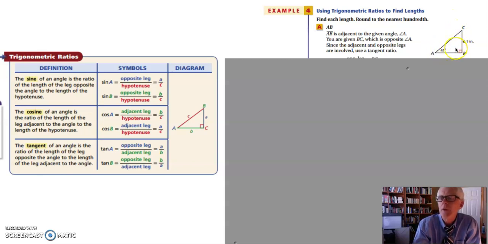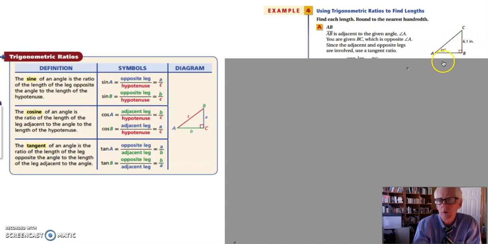We want the side adjacent to 41, and we know the side opposite 41. Opposite over adjacent is tangent. So I want to find, using my calculator, the tangent of 41, writing that ratio.